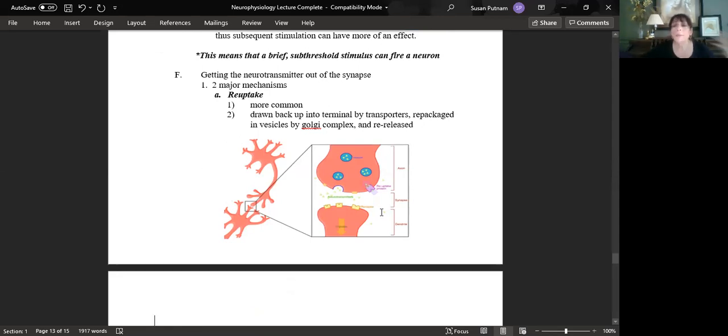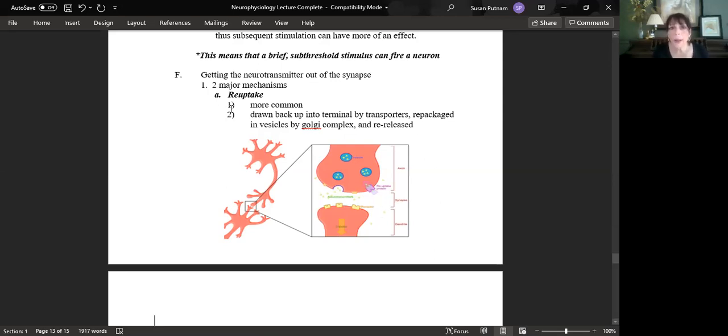Now, we don't want them to stay out there forever for a bunch of reasons, not the least of which is if you have excitatory neurotransmitter molecules out there for too long, you can end up doing damage ultimately, having hyperexcitability. We also want to reuse the components of these neurotransmitter molecules. Our body is the coolest recycling machine ever. And so how are we going to get these molecules out of the synapse? Two ways.